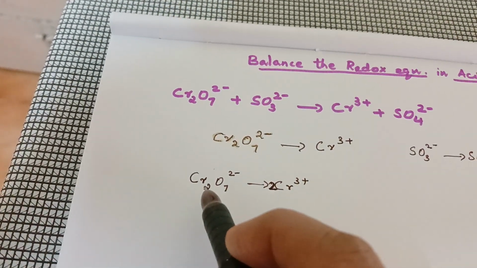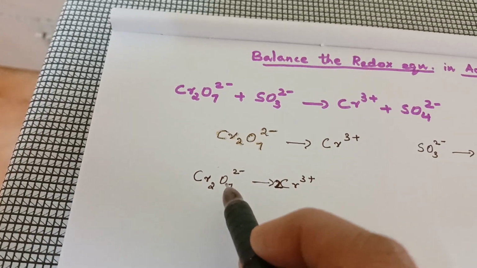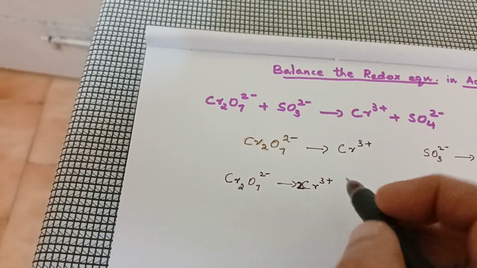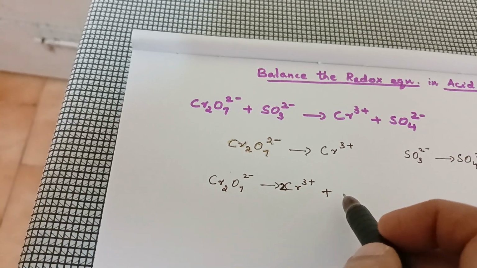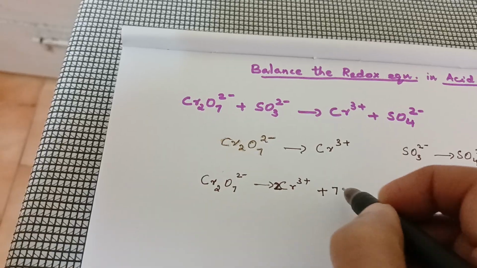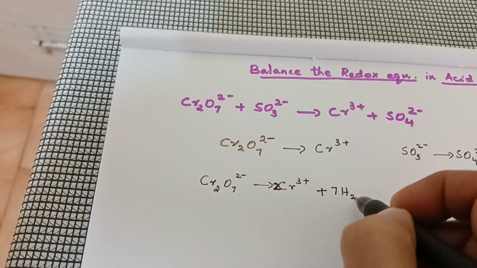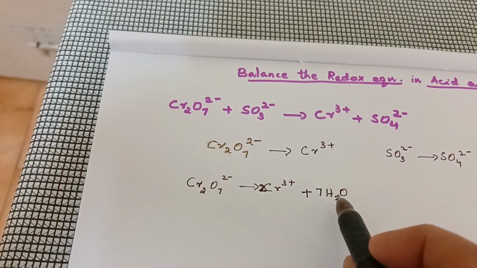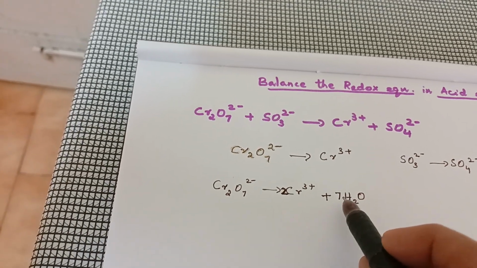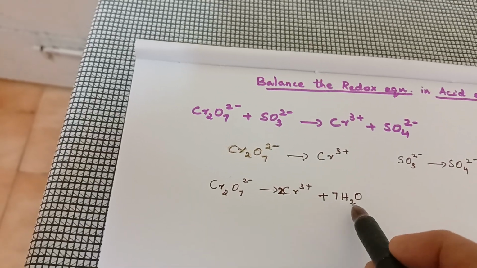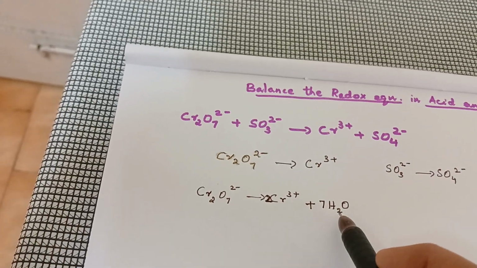Now oxygen atoms. Here we have 7 oxygen atoms. And here we have to add 7 oxygen atoms. For that we will add 7 molecules of water. With 7 molecules of water we have added 7 oxygen atoms. And we have added 14 hydrogen atoms, 7 into 2.